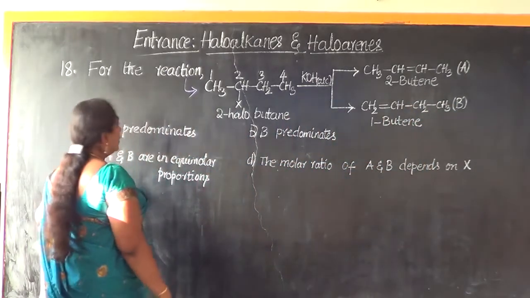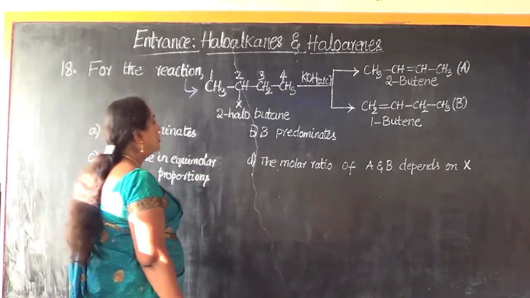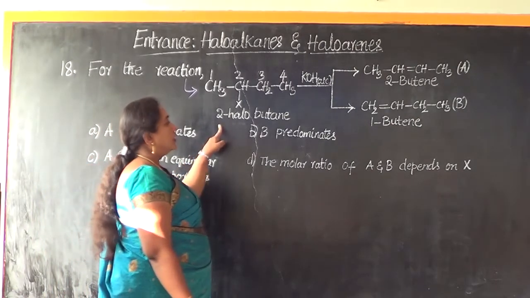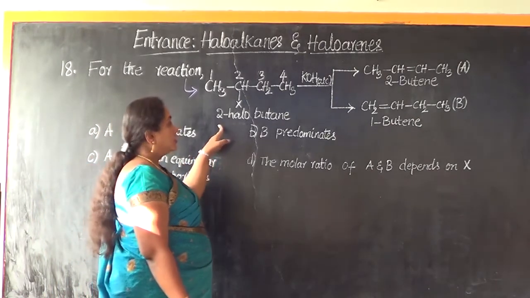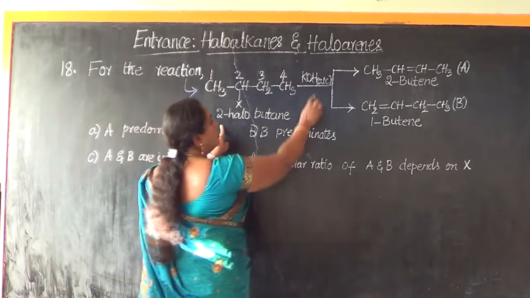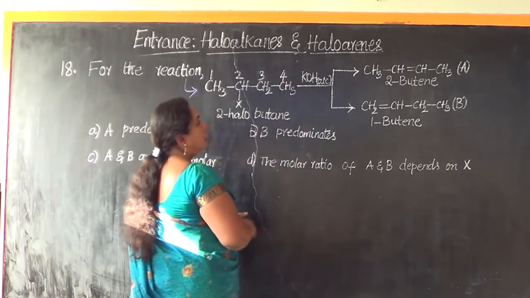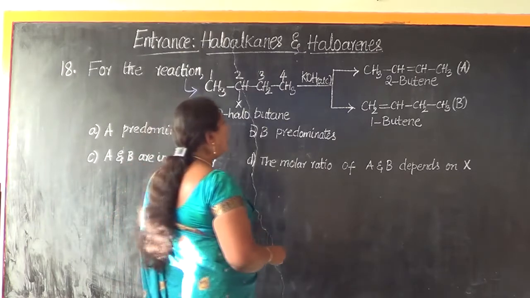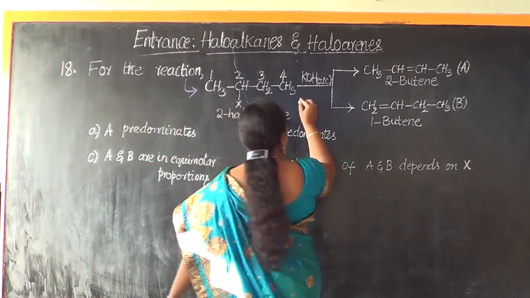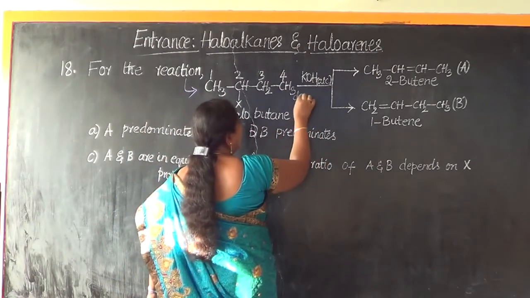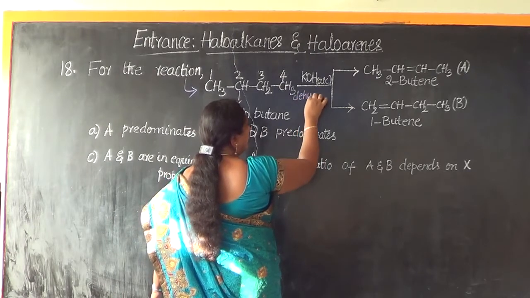Now for this particular reaction, 2-halobutane, that is 2-haloalkane, is treated with alcoholic potash. Now students, we know that alcoholic potash is a dehydrohalogenating agent.